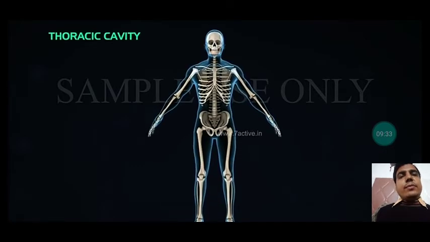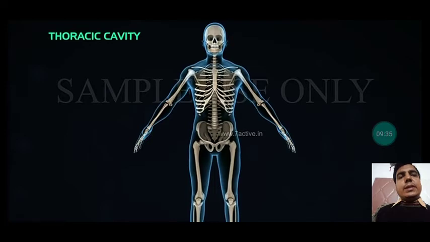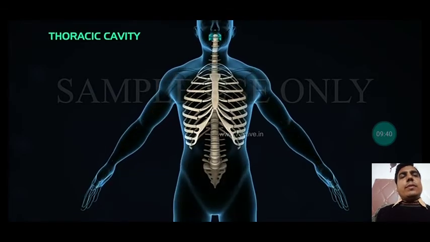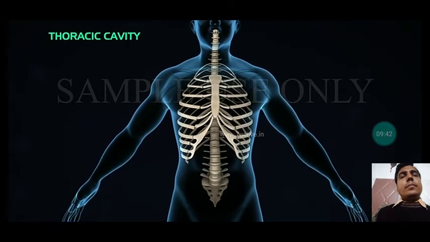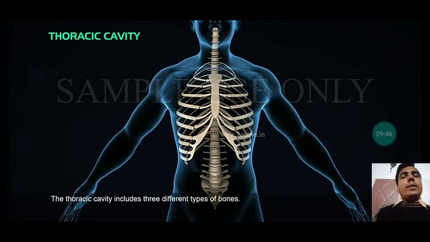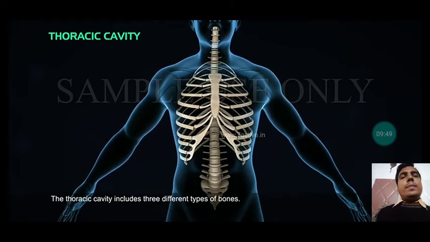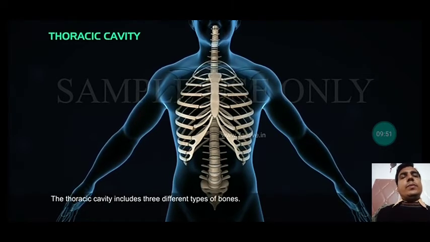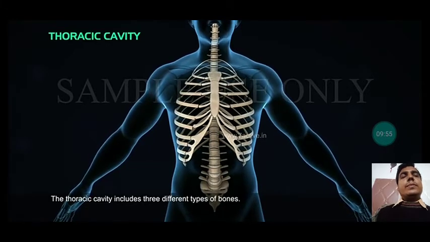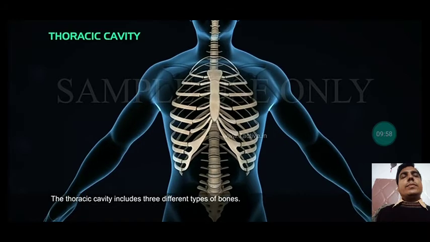Next, students, we have to talk about the thoracic cavity. Students, this is our thoracic part. It protects our lungs and our heart. The thoracic cavity includes 3 different types of bones.